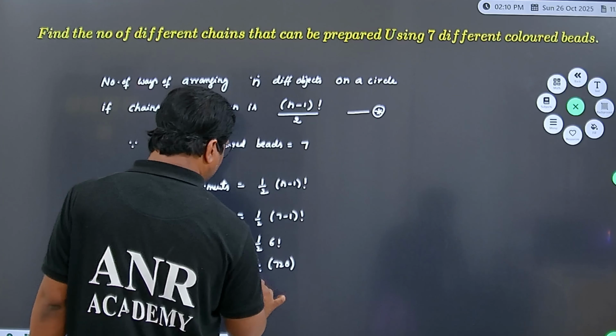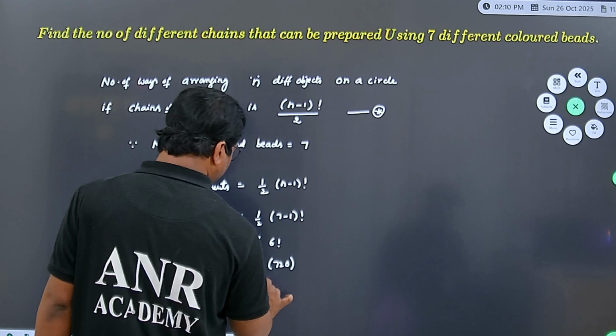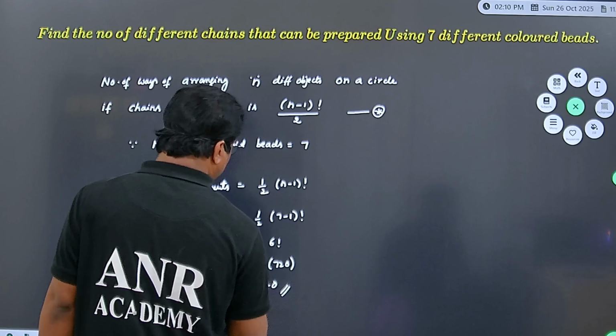After dividing by 2 it gives 360 is the answer.